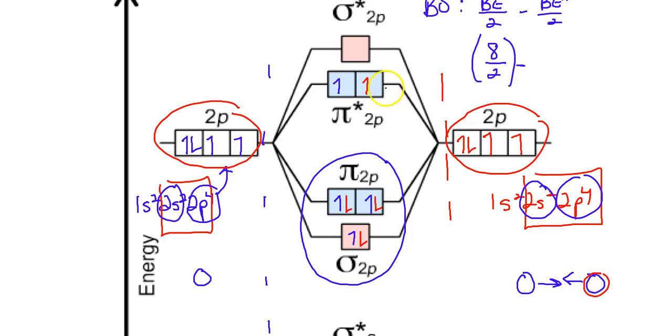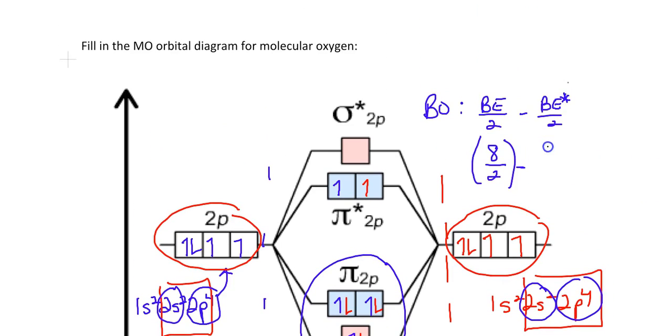And then we have this scenario, the more unstable. So we have 4 altogether for anti-bonding electrons over 2. And you get 4 minus 2, and you get a bond order of 2. And that speaks to the fact that oxygen has 2 bonds between its atoms. All right, we know that from valence bond theory.